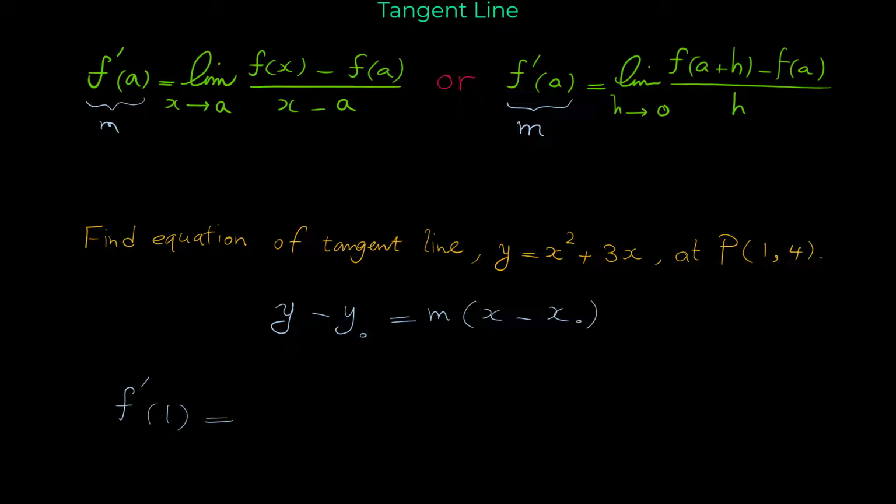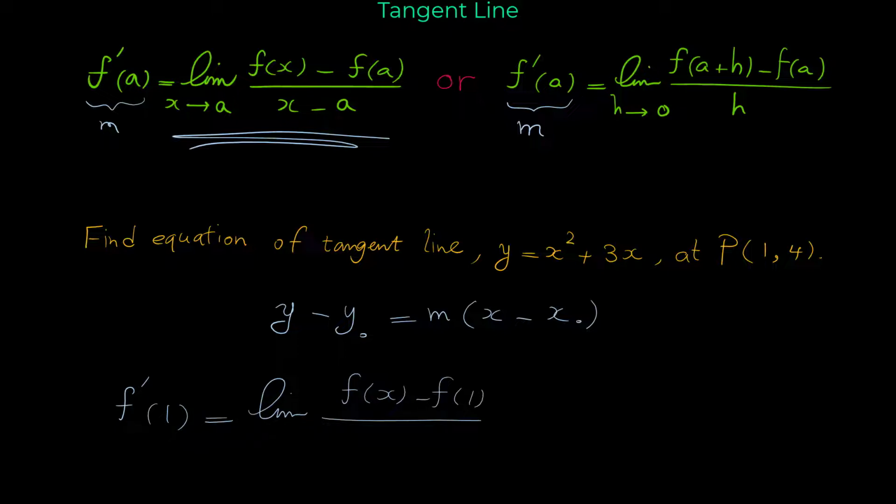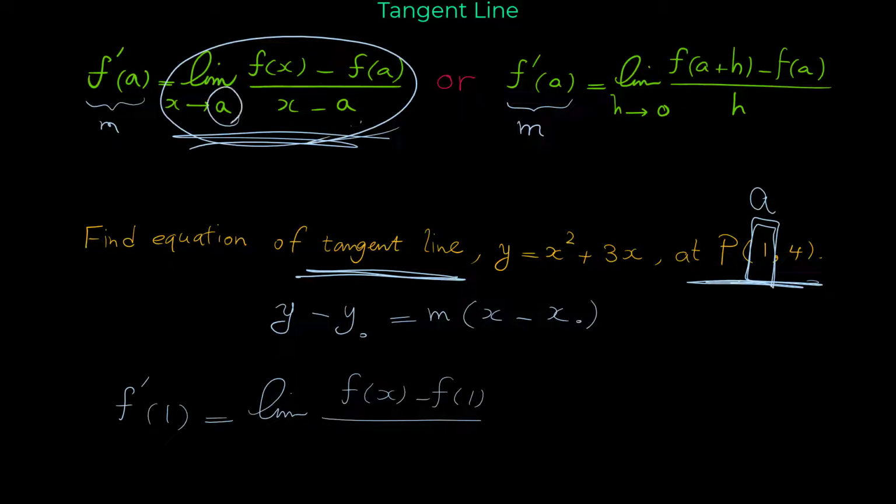Let's start with this formula. Based on that formula, we have to find the limit of f of x minus f of 1, because we want to find the tangent line at this given point, and at this point the x coordinate, which shows a, is 1. So in this formula we have to replace every a with 1. The formula becomes the limit of f of x minus f of 1 over x minus 1 as x approaches 1.